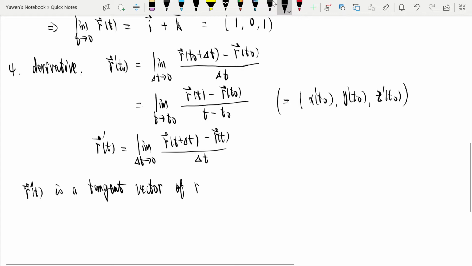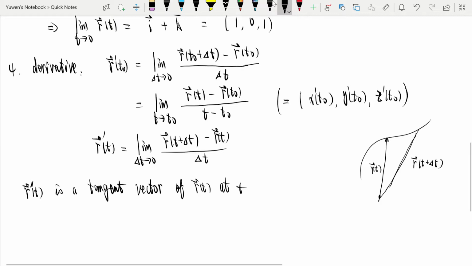This is a curve, and each point is a vector. That's r(t), and this is r(t plus delta t).